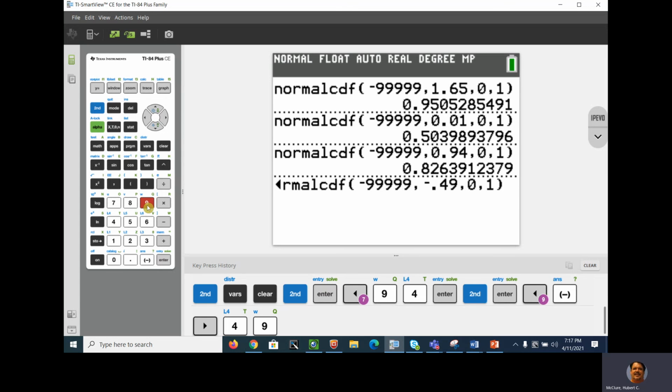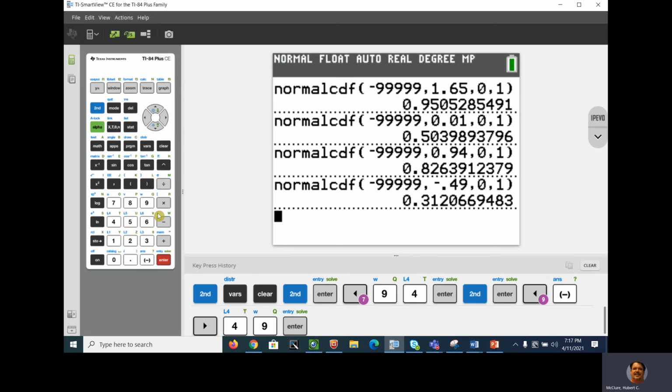I got 0.3100 by the empirical rule. The answer is 0.3121. And that's how you do those 4 test questions.